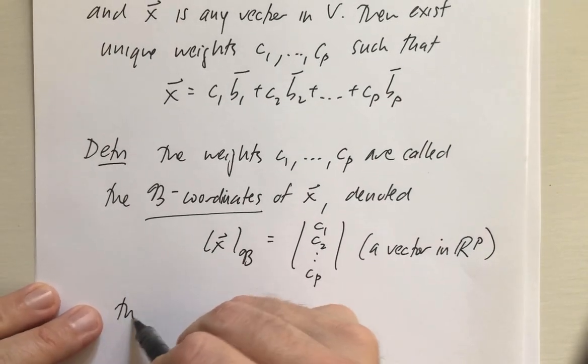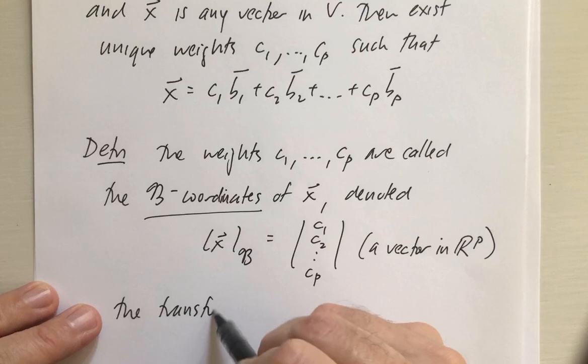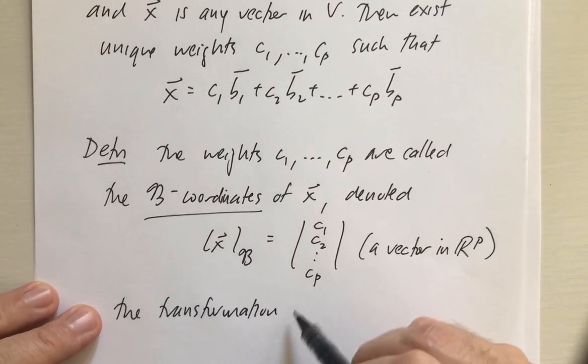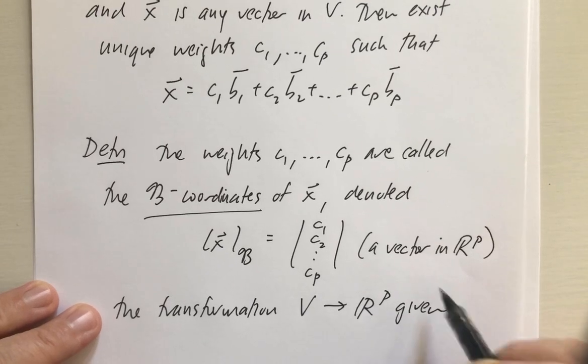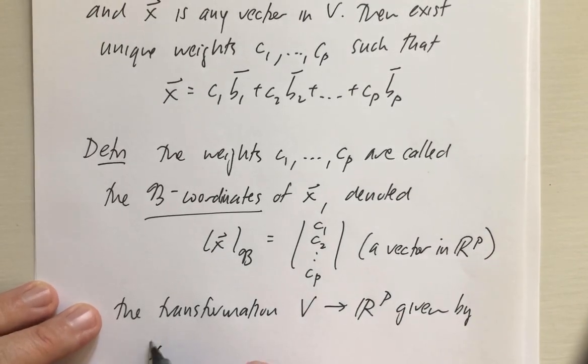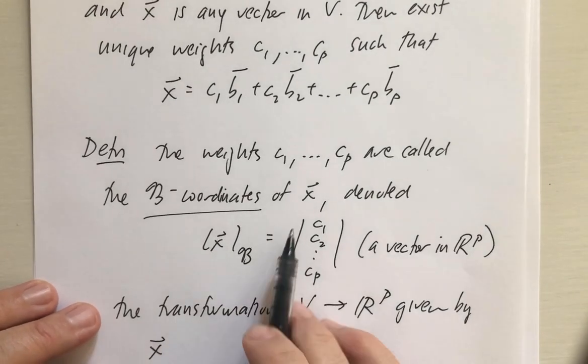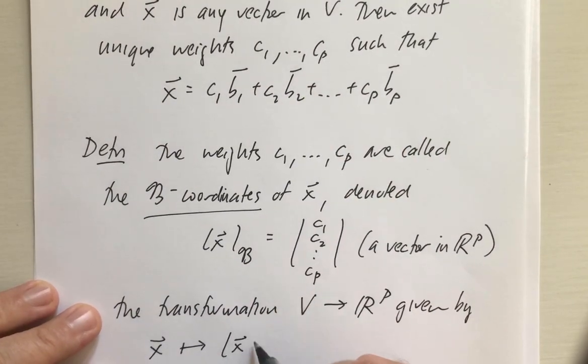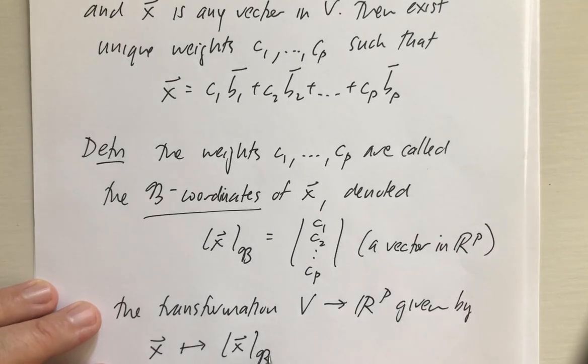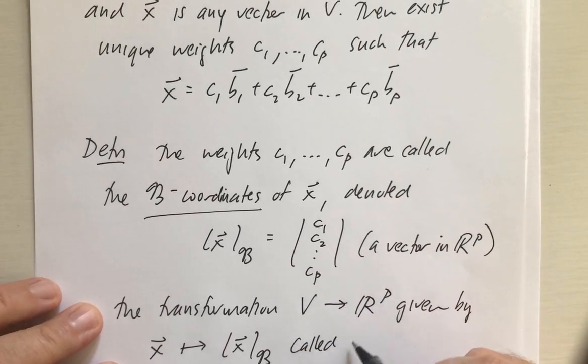Well, notice then I get a transformation that eats vectors in V and spits them out in RP. I'll take a vector X, a vector in V, and it spits out a vector in RP. This is called the coordinate mapping.